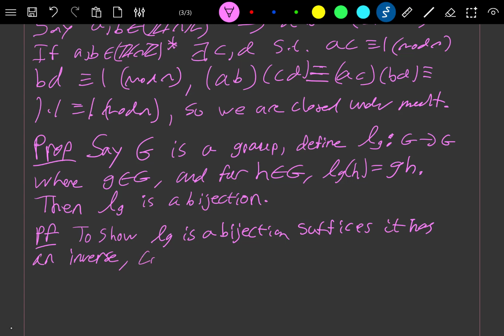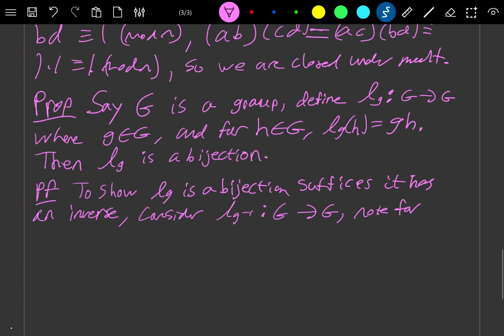So consider the function L of g inverse from G to G. We note for an element h in G, we have L of g inverse of L of g of h.